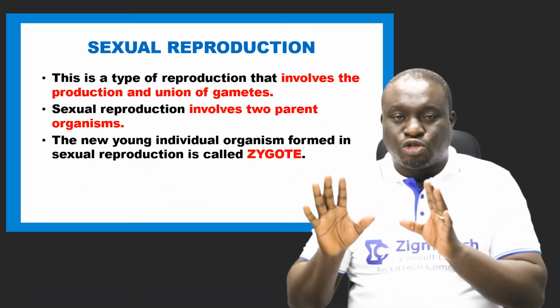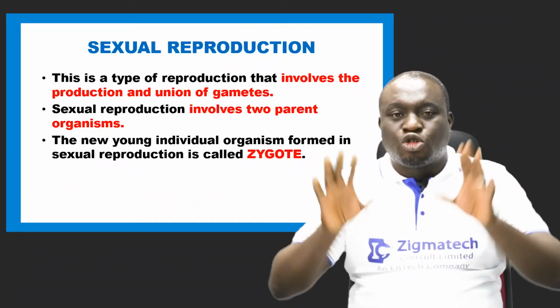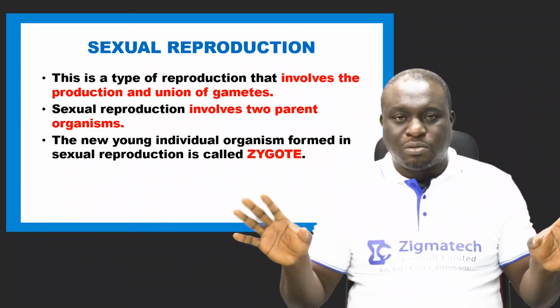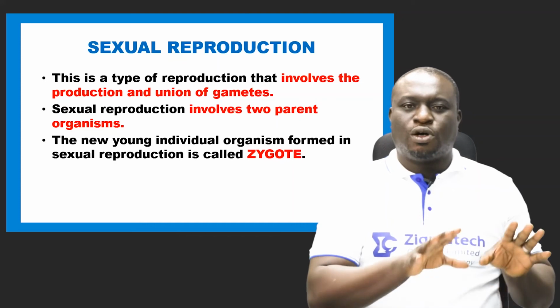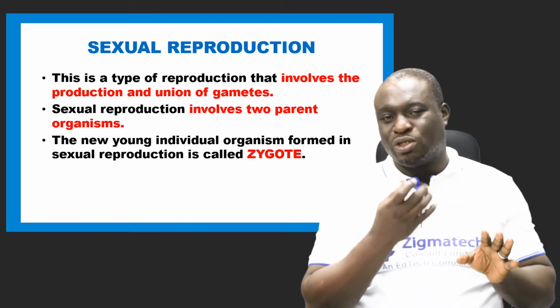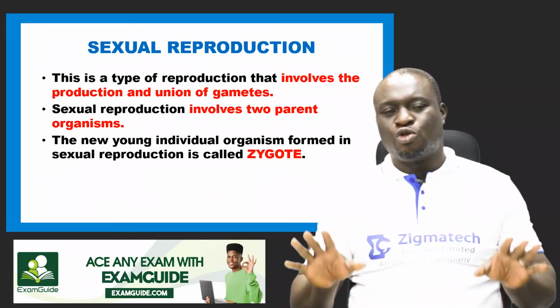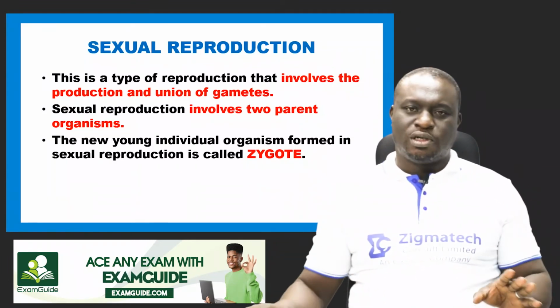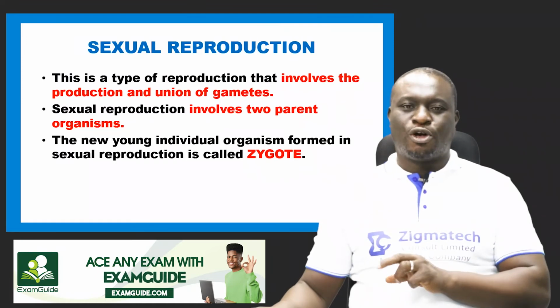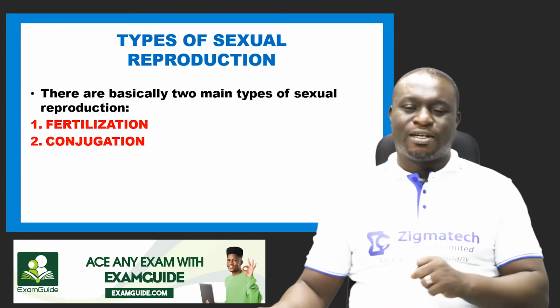The traits of the child might not look exactly like the parent organism. But in asexual reproduction, we said the resulting offspring looks exactly like the parent, and they are called clones. But in sexual reproduction, we call them zygotes.